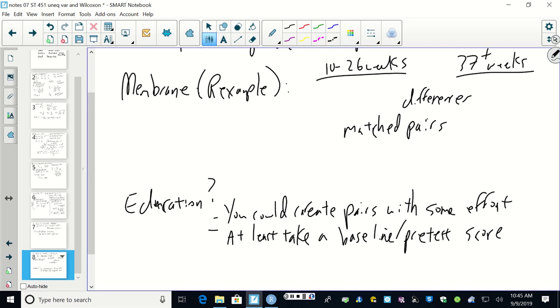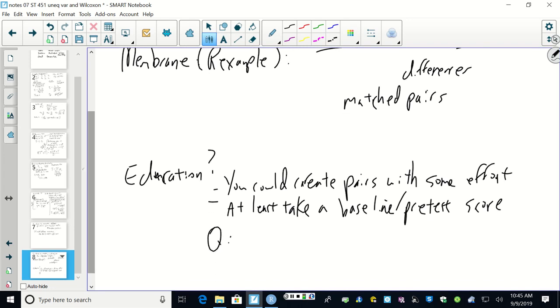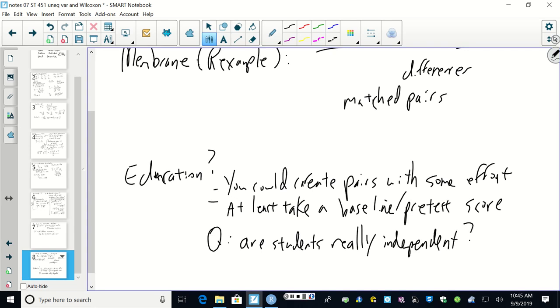Something like that. And for me in this example, a bigger question is, are students really independent? It's the second week, just starting the third week of school, for the public schools here.